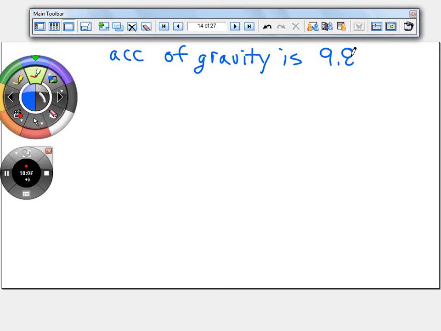So it's a negative acceleration. So it's negative 9.8 meters per second squared, or, depending on the problem, it could be negative 32 feet per second squared.